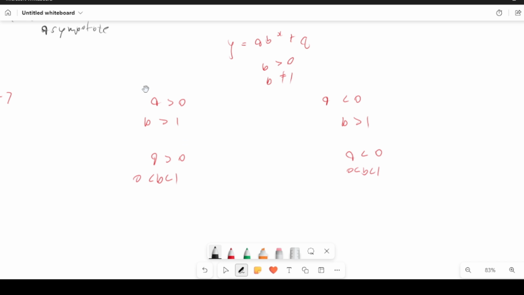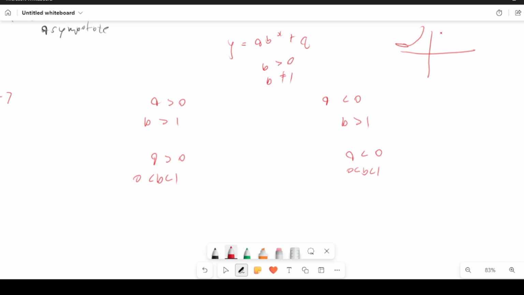Now, with this information, how do we know whether a function is increasing or decreasing? Firstly, let's try to create an idea of what an increasing or decreasing function will look like above and below an asymptote. If we're trying to draw an increasing function above an asymptote, it should assume this shape.